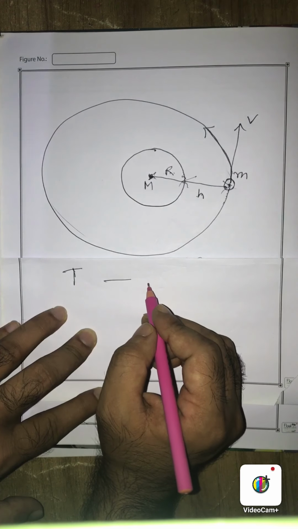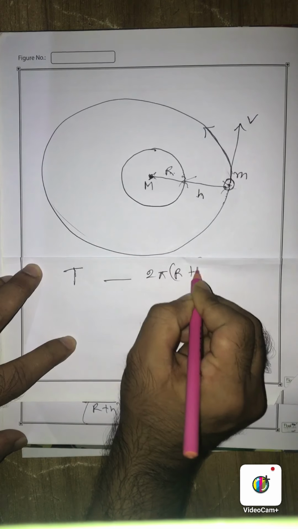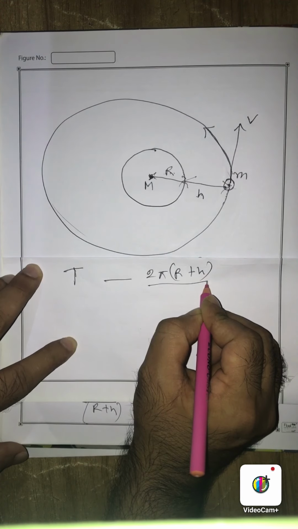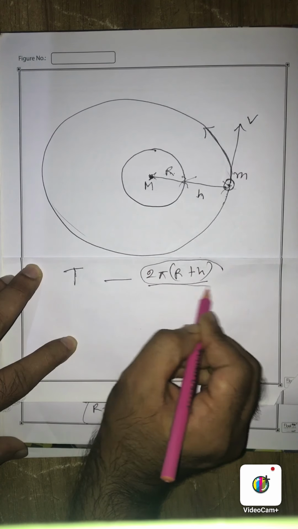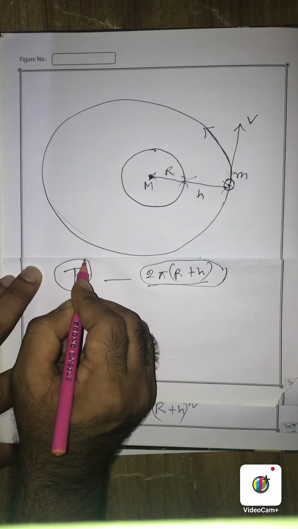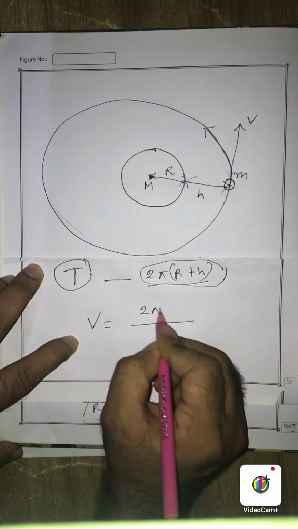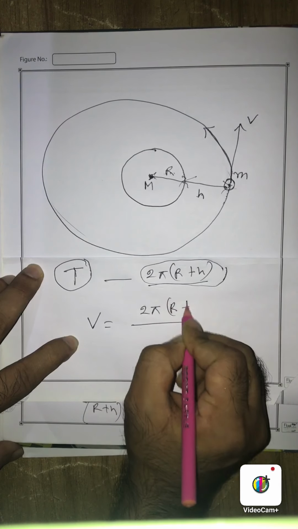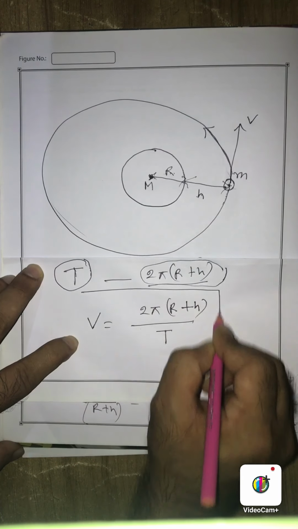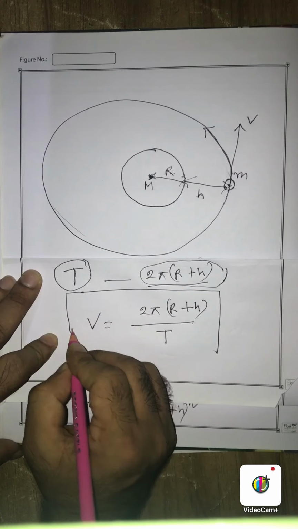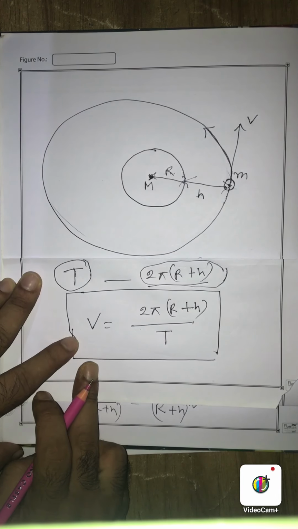The circumference of the orbit is 2 pi (R plus h). So this is the distance traveled by the artificial satellite in the time capital T, the time period. So the velocity v equals distance divided by time, so v equals 2 pi (R plus h) divided by T. This is another formula of the velocity of the artificial satellite. By using this formula we calculate the velocity of the artificial satellite.